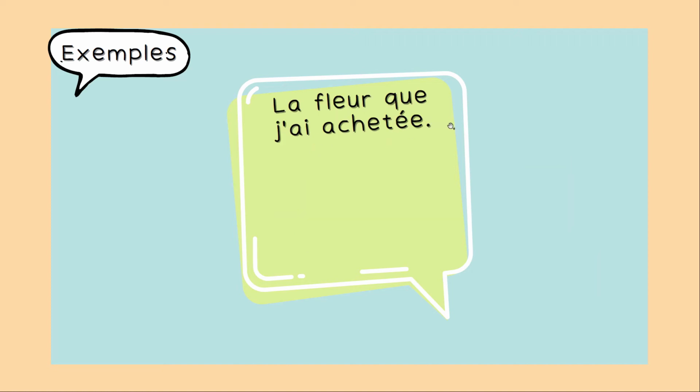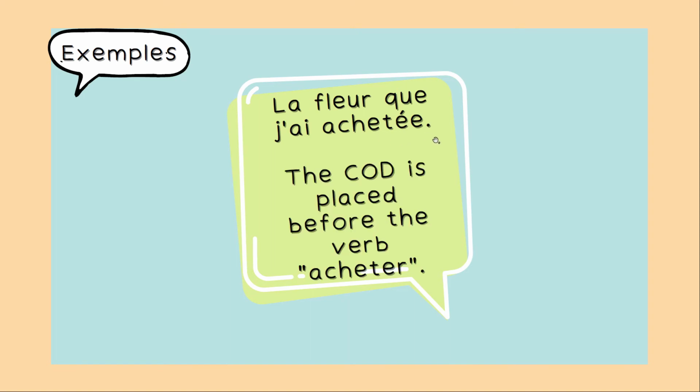However, if we take this sentence, la fleur que j'ai achetée, with an extra e. La fleur que j'ai achetée, the flower that I bought. In this case, the COD is placed before the verb acheter. La fleur, here our flower, is placed before the verb acheter.